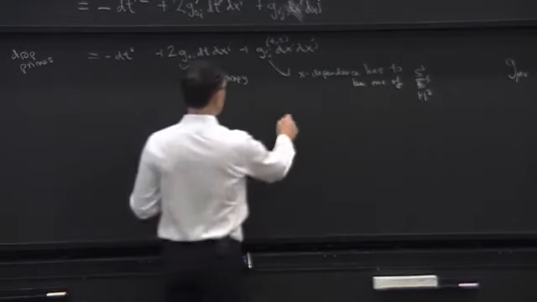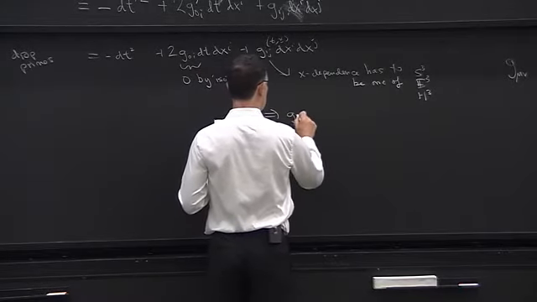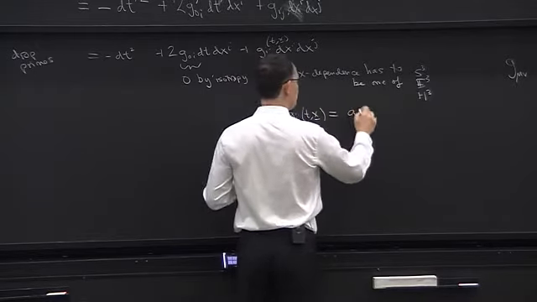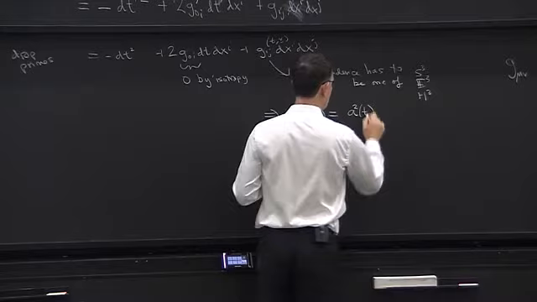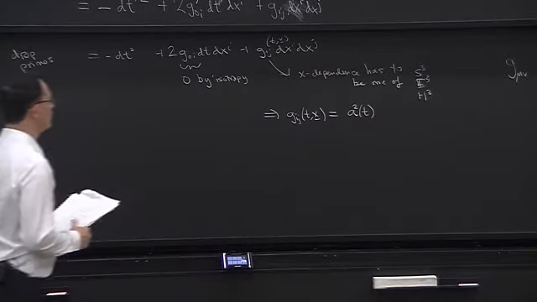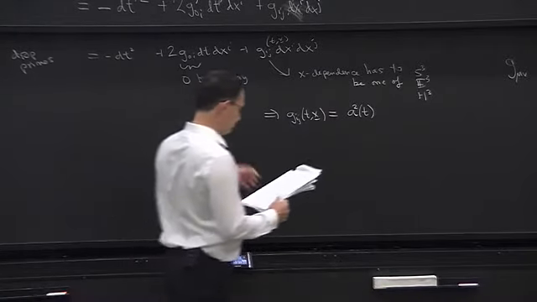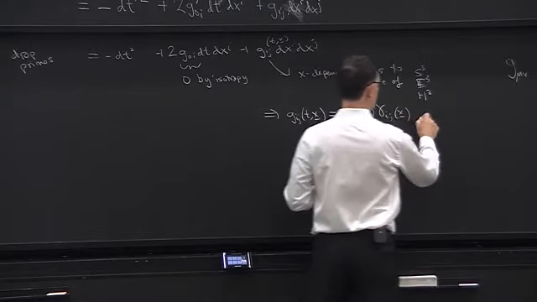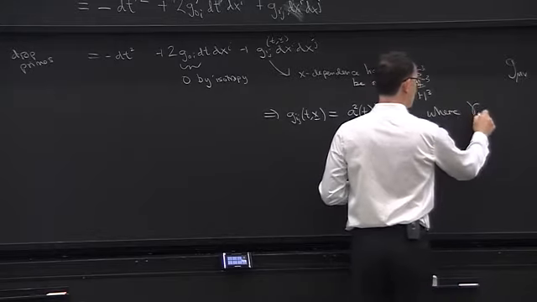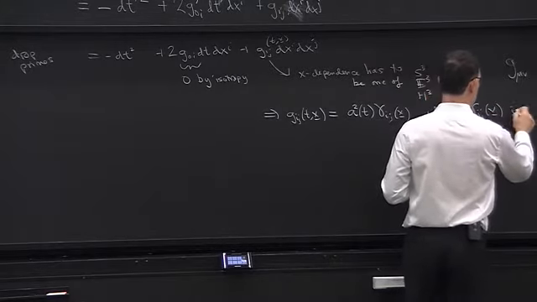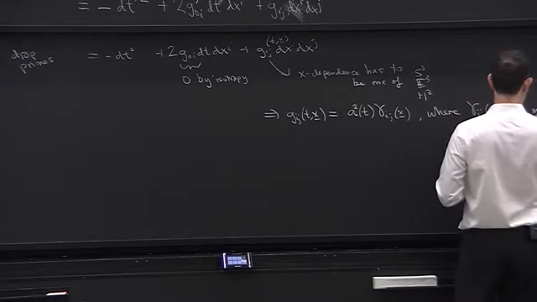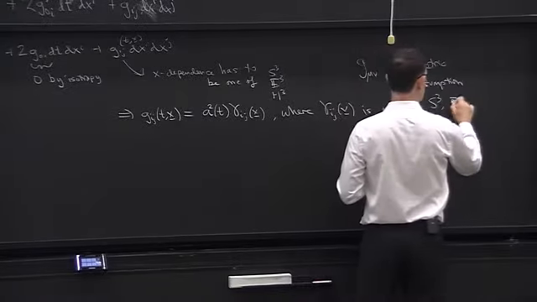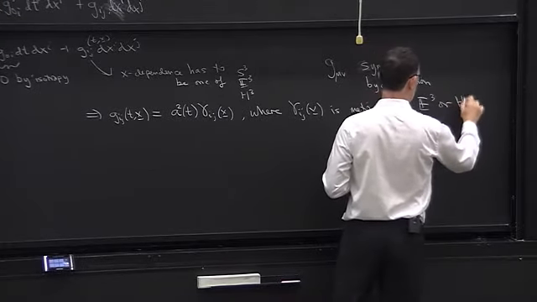And so it follows that gij of t and x is equal to some function of time, which we'll call a squared, to show that it's positive, times gamma ij of x, where gamma ij of x is the metric on S3, E3, or H3.